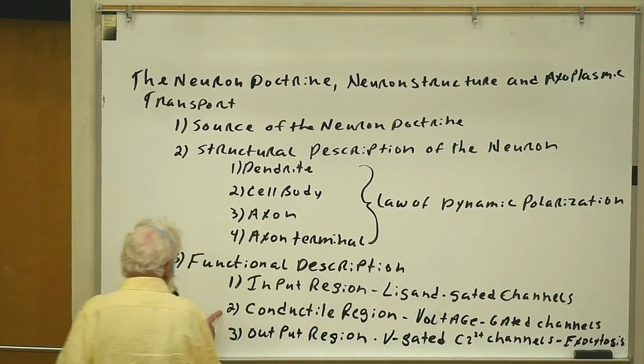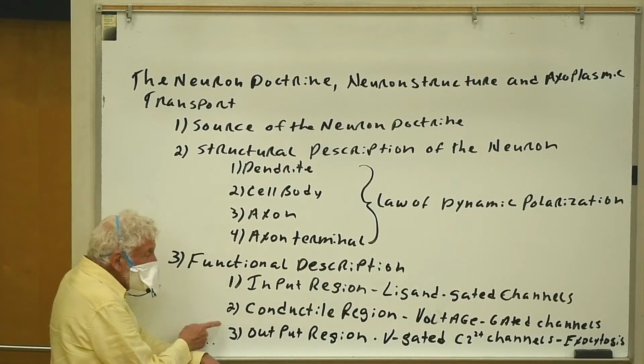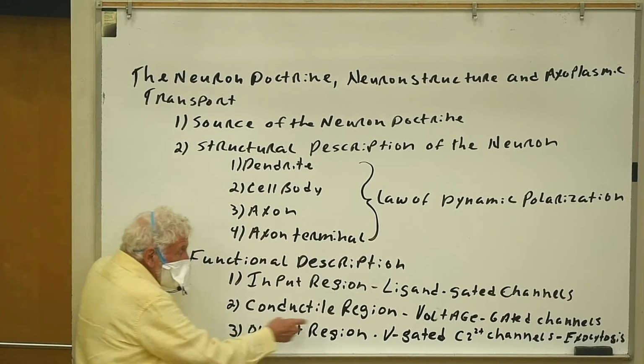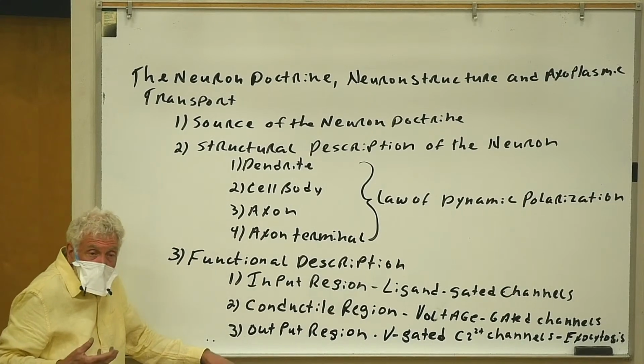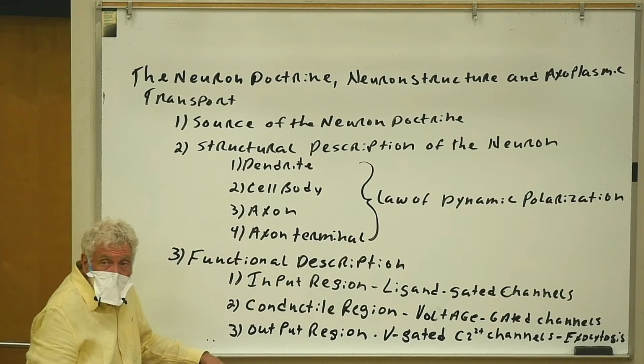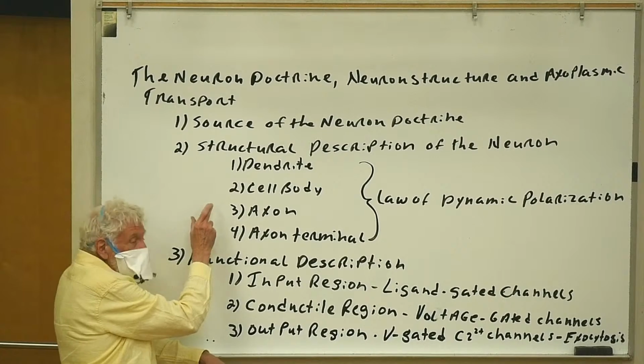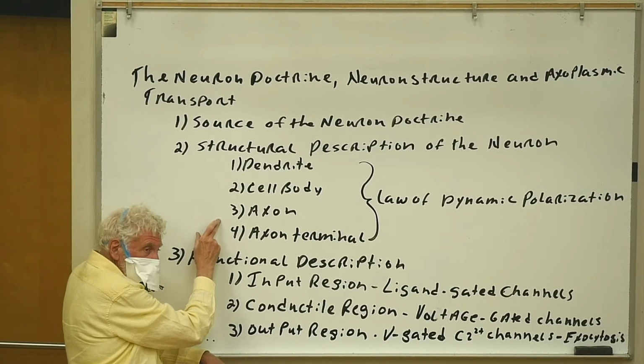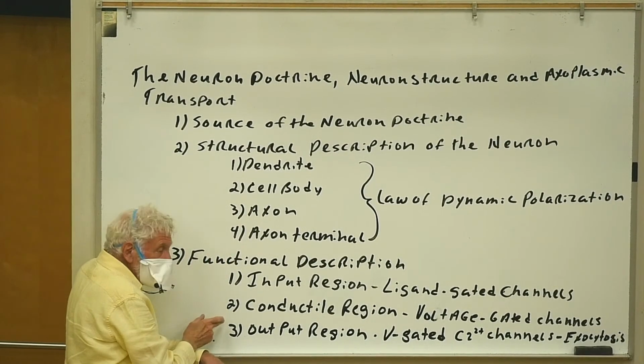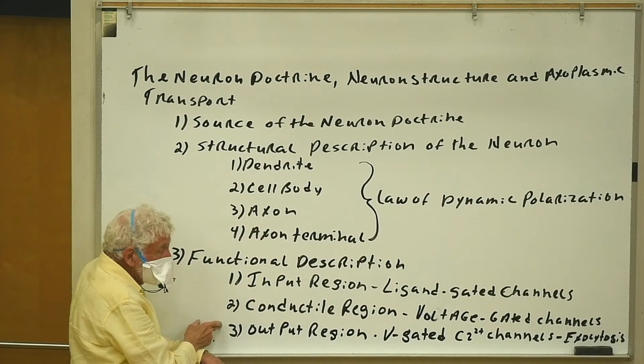Then there's going to be a conductor region of each of these neurons, a great long process that's carrying electrical signals over long distances. In the anatomic description, we call it the axon. In the functional description, we call it a conductor region because it's conducting electrical signals.